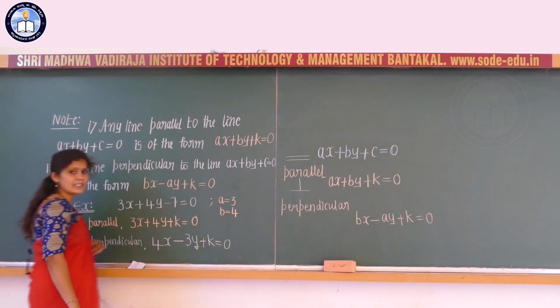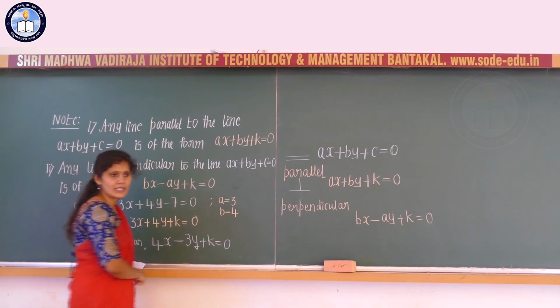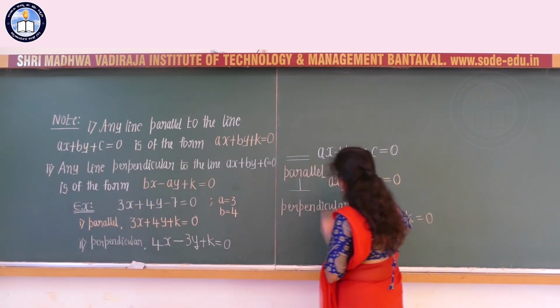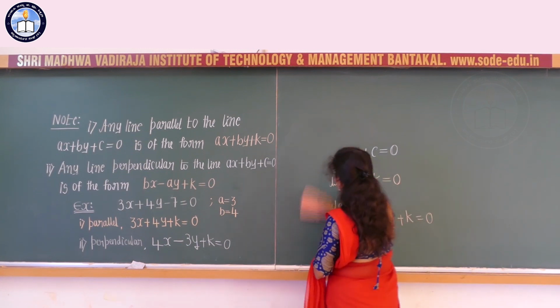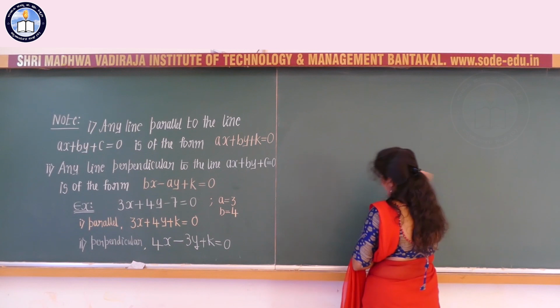So this is how to write the required equation of a line if it is parallel to the given line, or if it is perpendicular to the given line, correct?